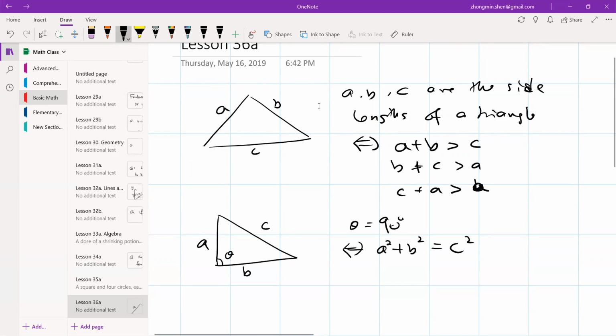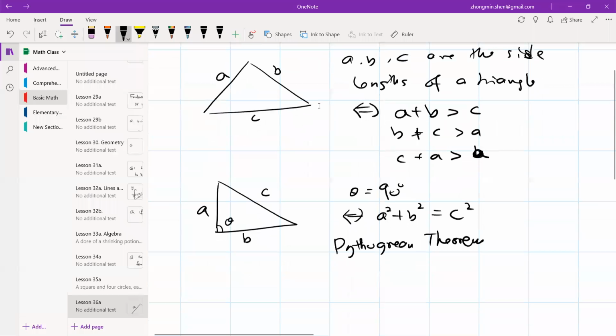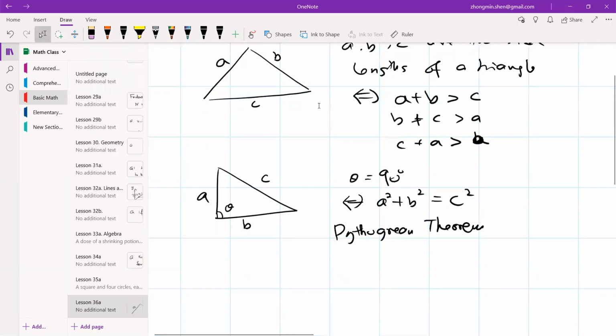That is called the Pythagorean theorem. In other words, if you know the relationship A squared plus B squared equals C squared, this is a right triangle. Those are the two important things we should know. Now here's a bigger problem.